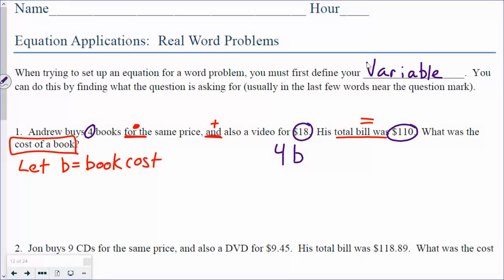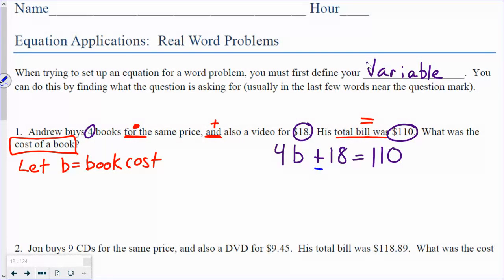Remember, that is what we're trying to find, the price of the books. He also bought a video for $18 and spent a total of $110. So right there's our two-step equation. So we're going to use our inverse operations. And then remember, when we answer this, we're going to answer it in sentence form.